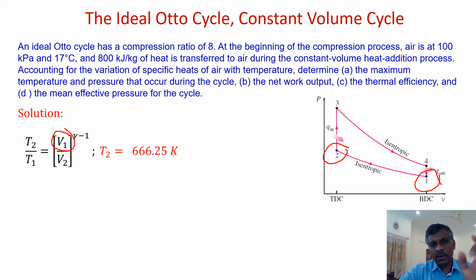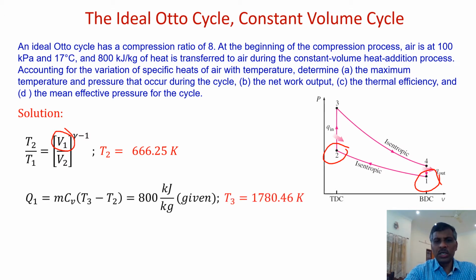V1 by V2 is the compression ratio 8. So T2 is equal to T1 into 8 to the power of 1.4 minus 1, that is 0.4. That will give you the value of T2 as 666.25, but you can do the calculations.